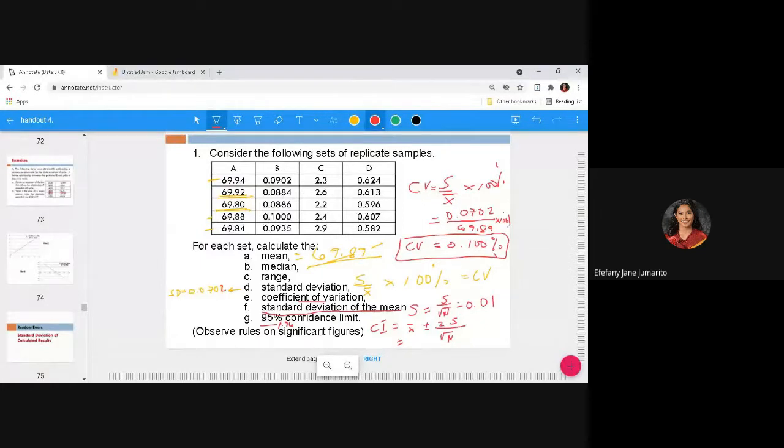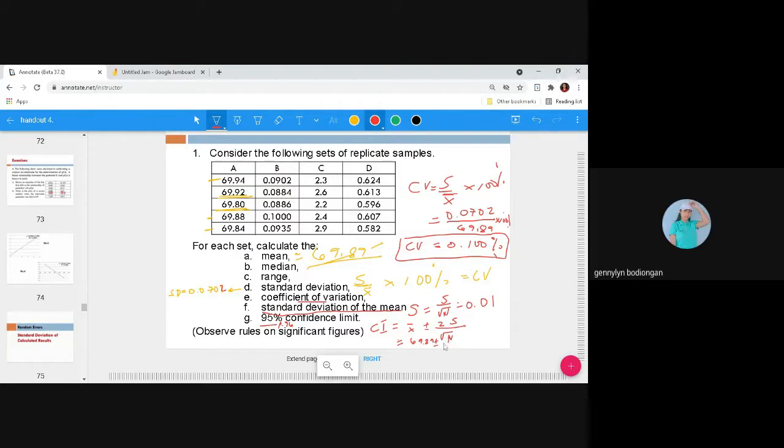Okay, you got it. So the mean there is 69.89 plus and minus what you will get from Z times S over square root of n. 4.08, ma'am, this Z times S over square root of n.